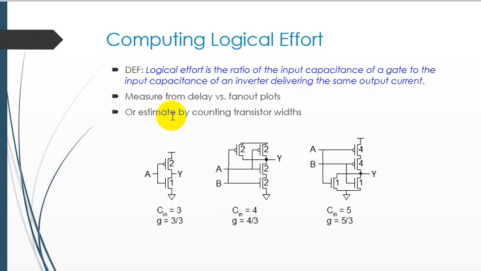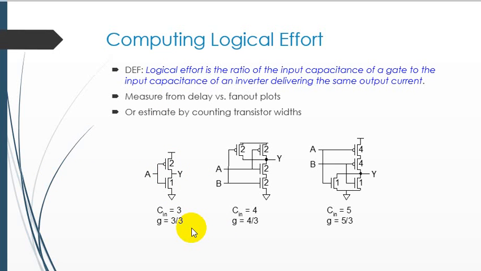So measure from delay versus fan out plots. We are going to take a graphical representation and then estimate by counting the transistor width. So the input capacitance of this simple inverter is 3. Then we can see our logical effort is 3 by 3, which means 1.